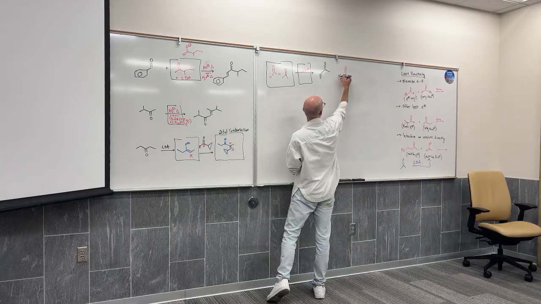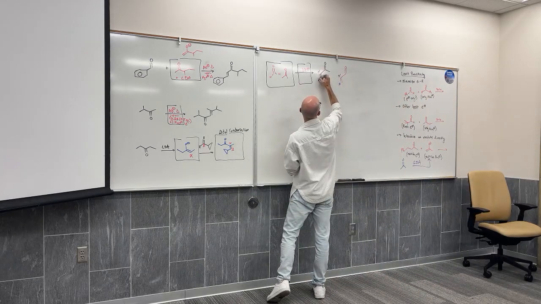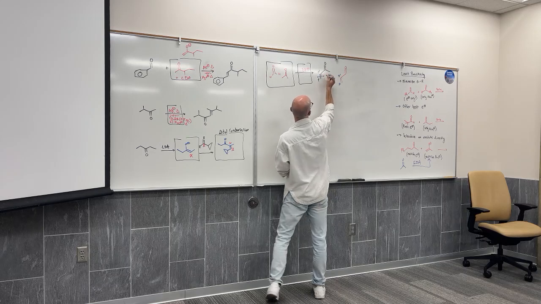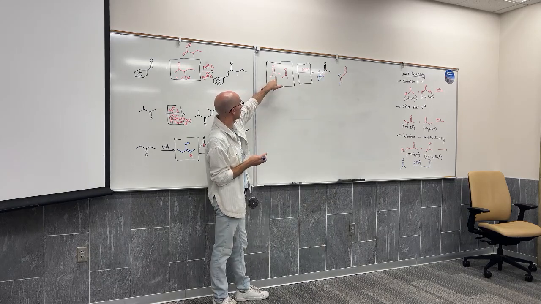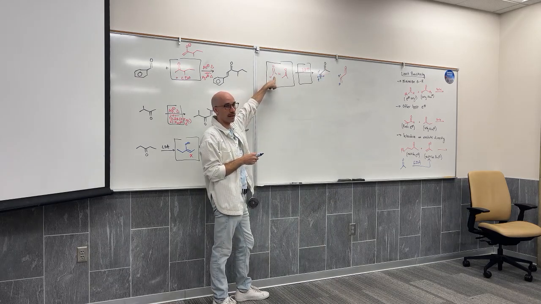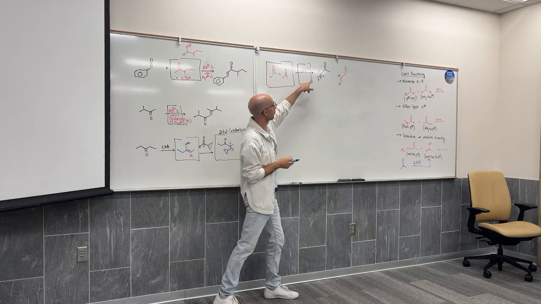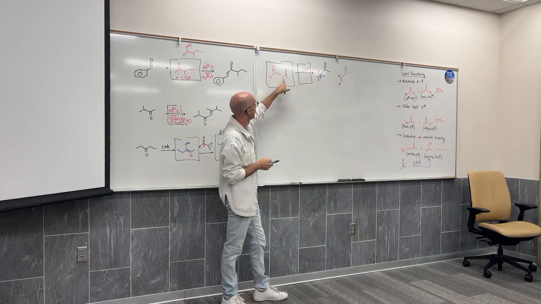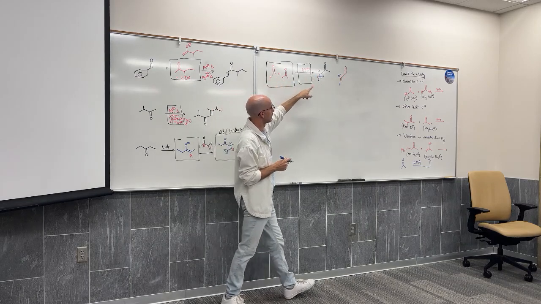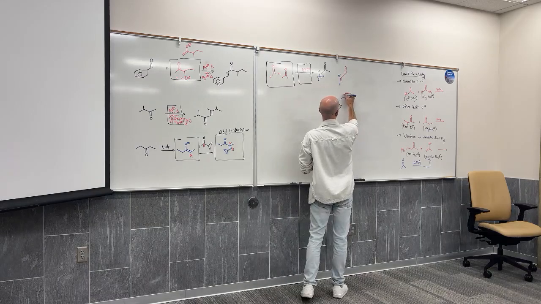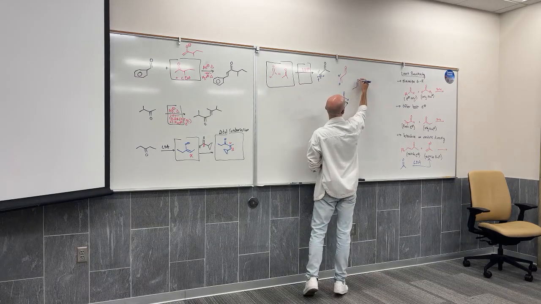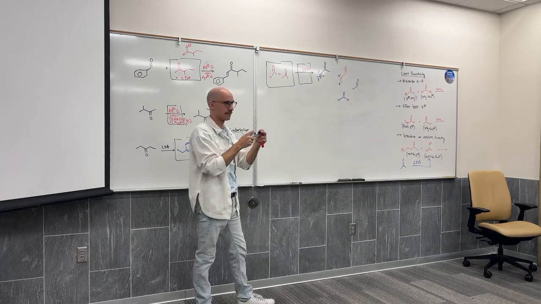Take alpha and beta, separate them from each other. Beta is a carbonyl. That's formaldehyde. Alpha gets 2 hydrogens back. That's acetone. If I were looking at it here, I would also have formaldehyde and acetaldehyde.